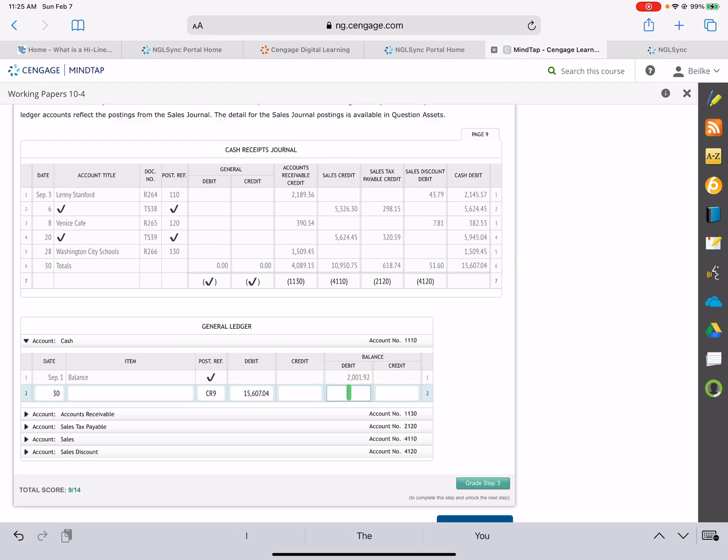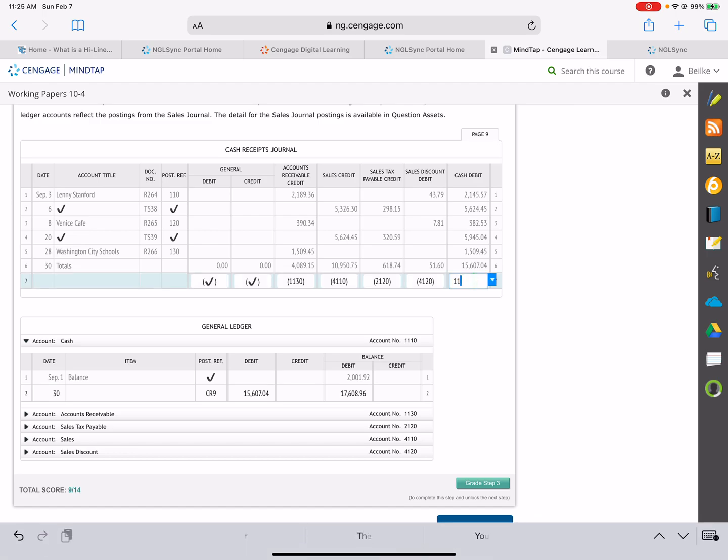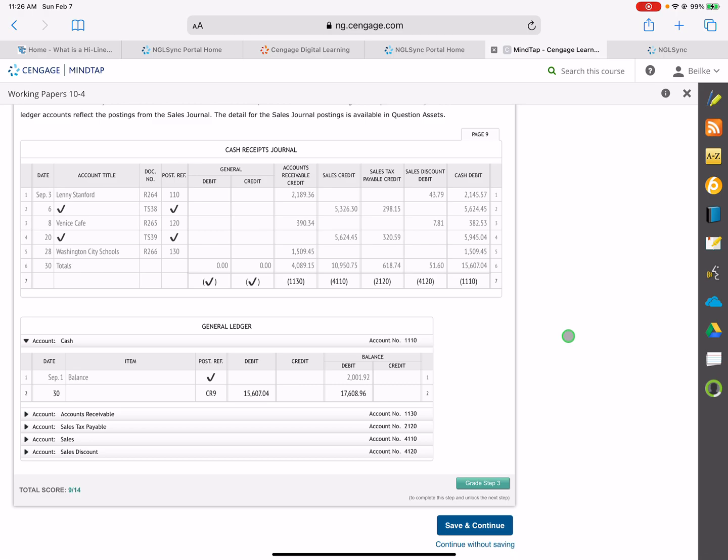We already have a credit balance in cash, so we'll add those two together, and we should come up with $17,608.96. And we'll put 1110 up here. And again, as long as I put the right numbers in, I did pretty quick.